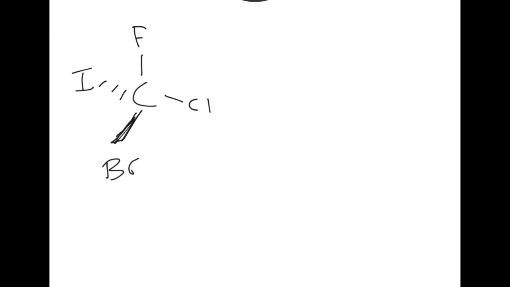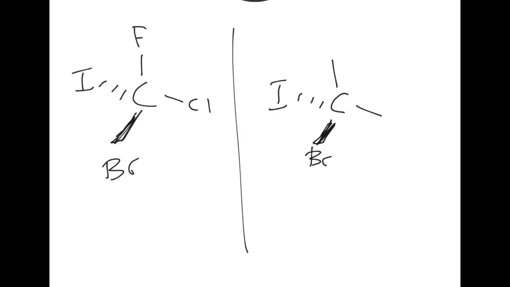Now, as soon as 2 of those groups match, you could think about putting a plane of symmetry through this molecule that cuts through that central carbon, the bromine and the iodide, and cuts the molecule in half, and you'll have a methyl group on top and a methyl group on the bottom. And so there'll be symmetry about that plane.